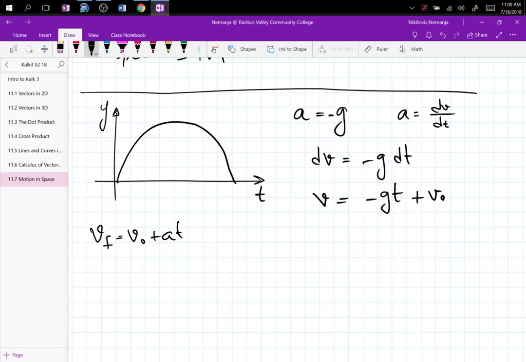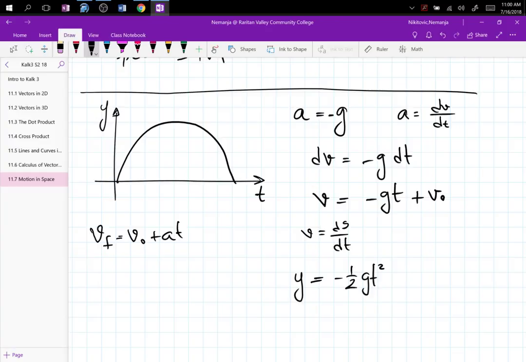So we have the equation for velocity, and then you say that velocity is the change of position in time. In our case, that would be r, and you do the same thing, getting the equation for height, which is negative 1/2 gt squared.